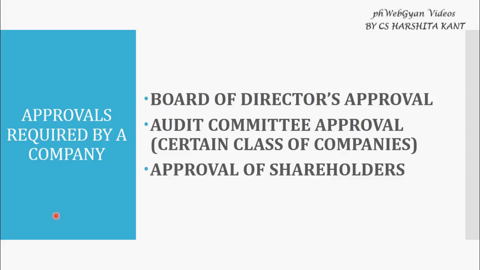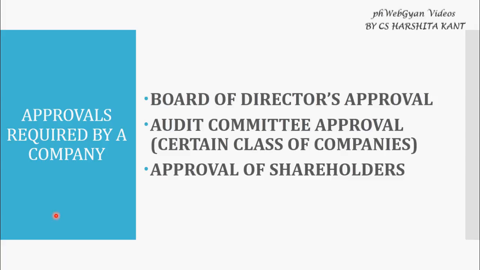So first of all, in the related party definition we have the directors or the KMP, or the relatives of the directors or KMP, or any private company in which the director or his relative is a director or a member. So we have this kind of definition of related party under the Companies Act.